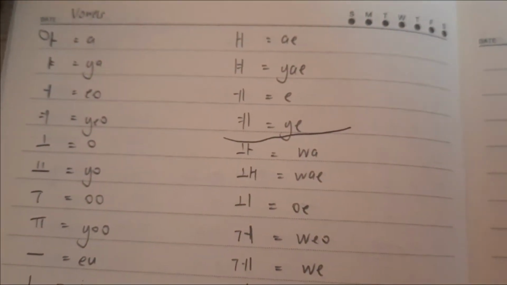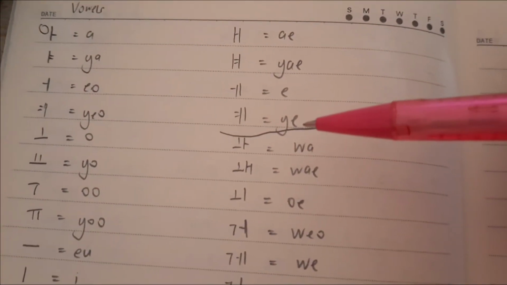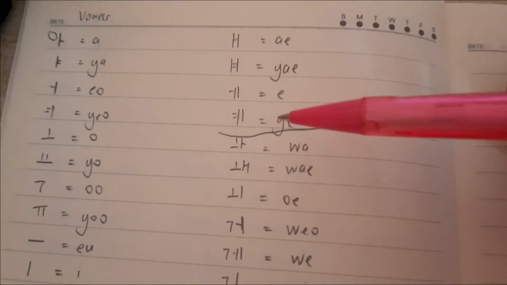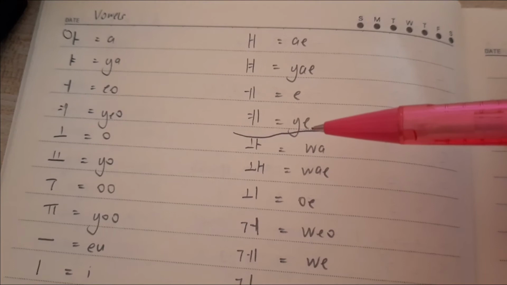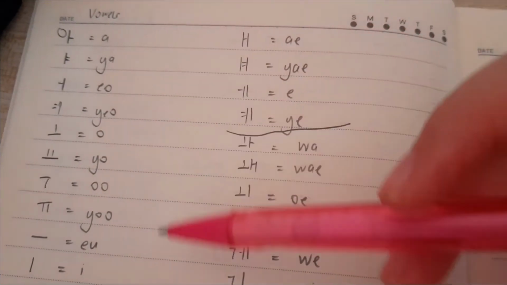Okay. Next is this one, spelled as yeah, like yeah. It's different from this one. It's yeah versus yeah. Alright, so that's it for the primary vowels. Let's go over them real quick.